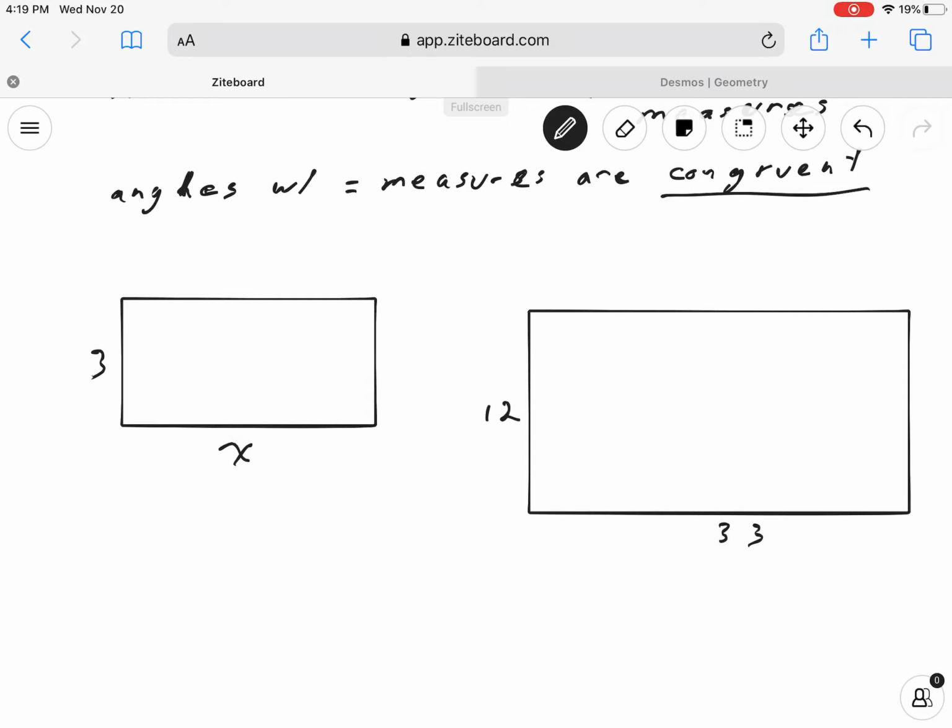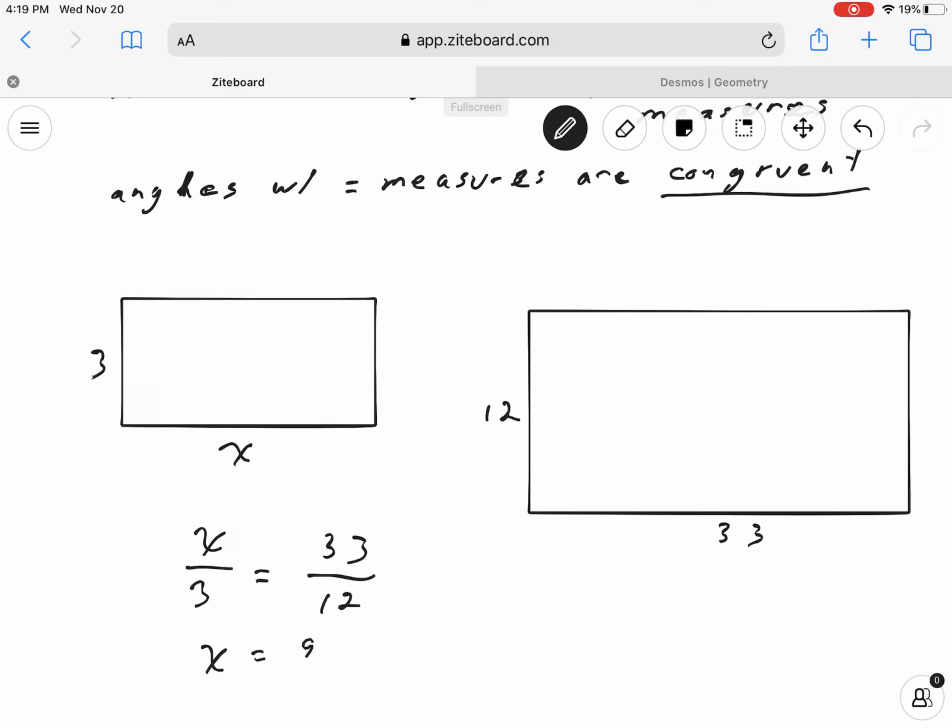All I have to do is set up a proportion. So I would say x over 3 is the same as 33 over 12. And to solve that, I can multiply both sides by 3.